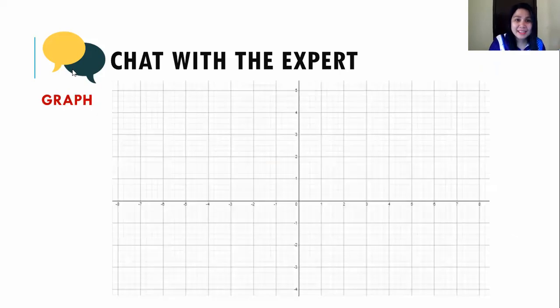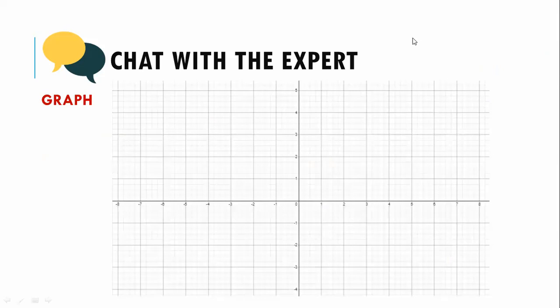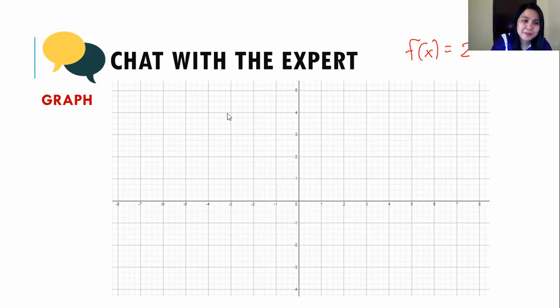This time, let's graph f of x equals 2 to the power of x. Now remember, we only have 3 points. You can just memorize that.